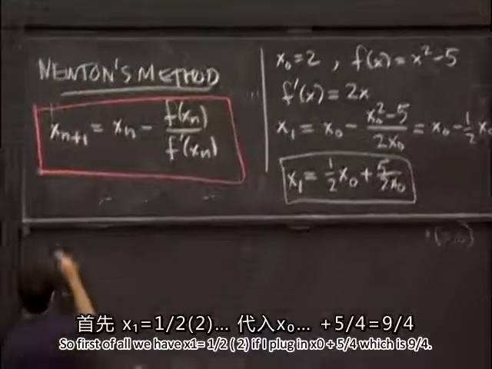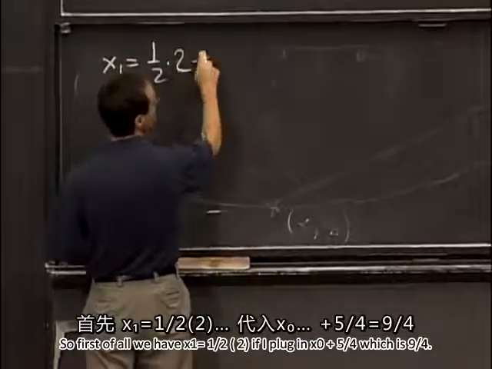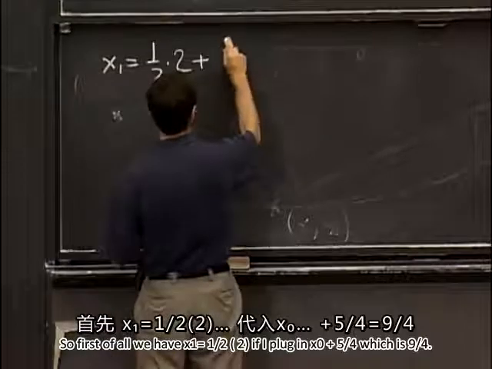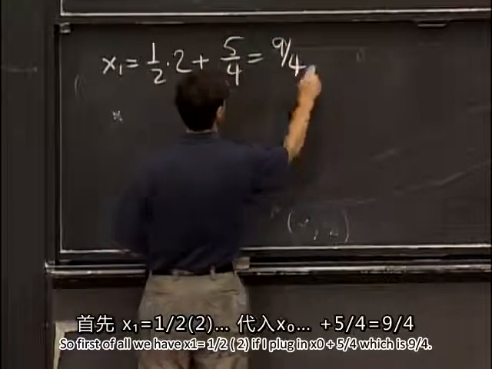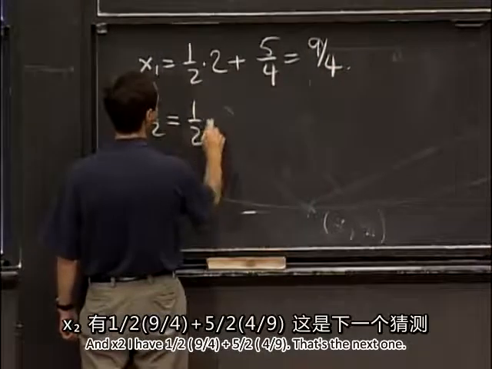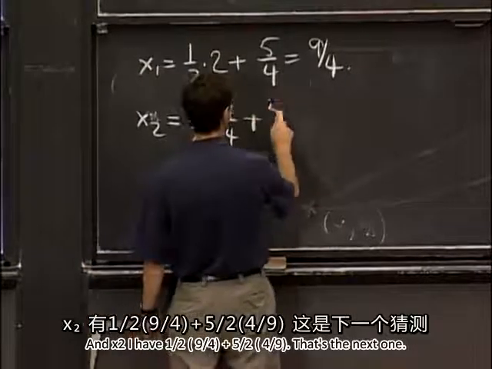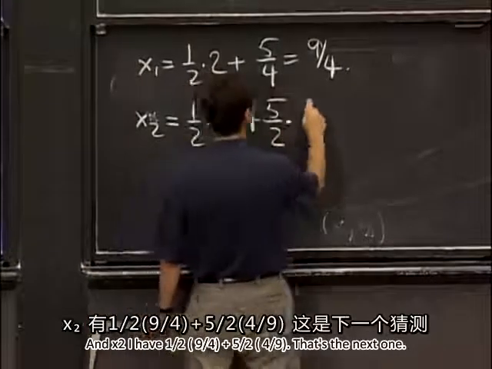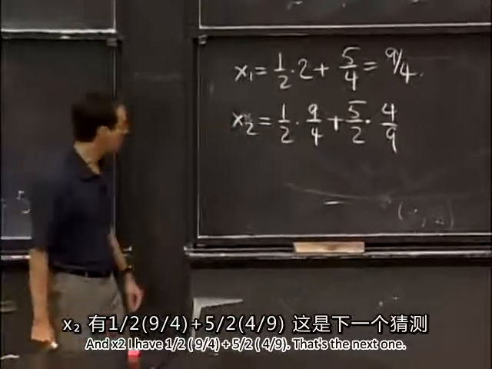So first of all, we have x1 is a half times 2, if I plug in x0, plus 5 fourths, which is 9 fourths. Okay, and x2, I have a half times 9 fourths plus 5 halves times 4 ninths. That's the next one.